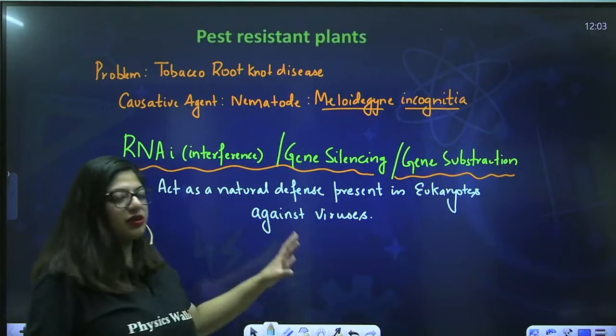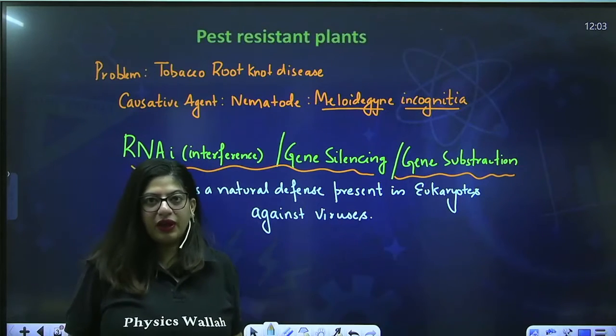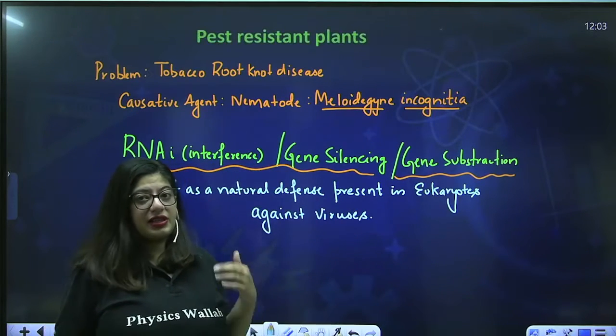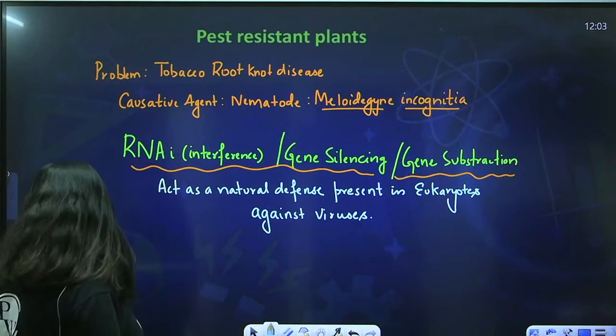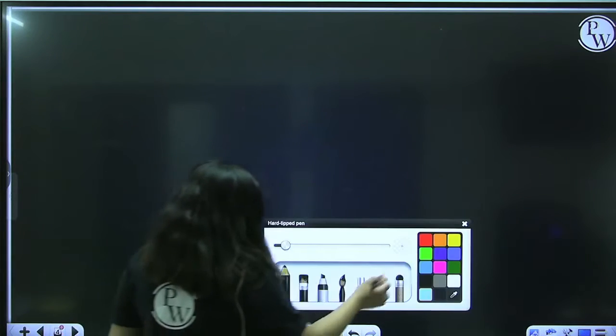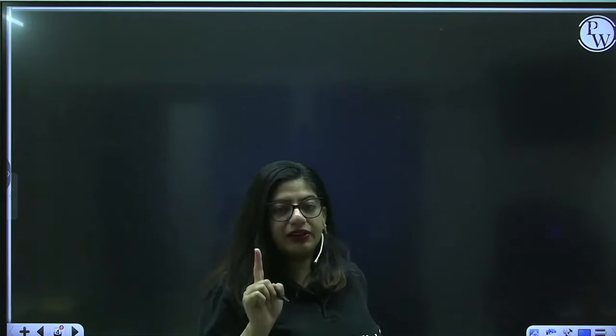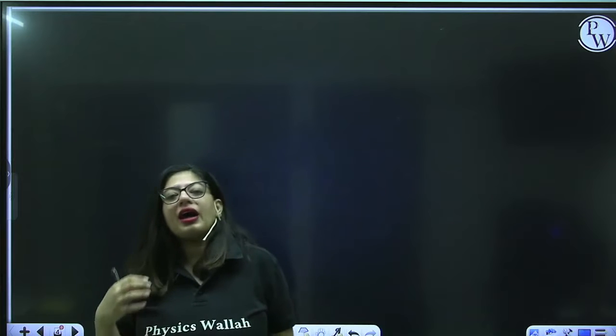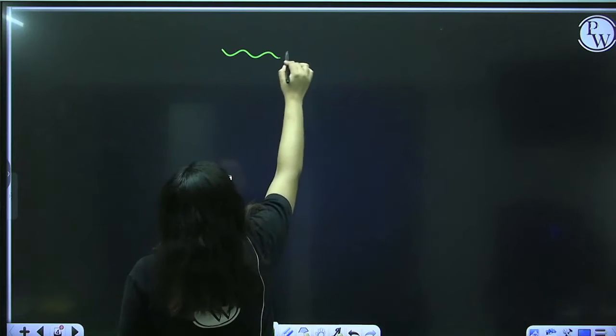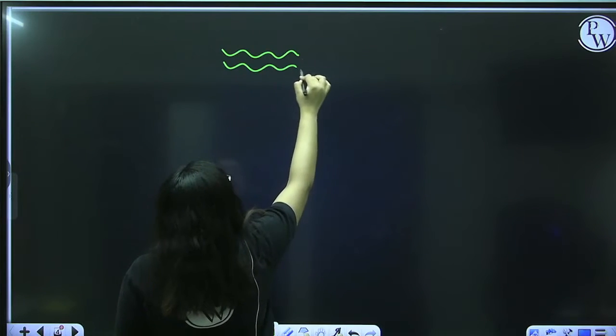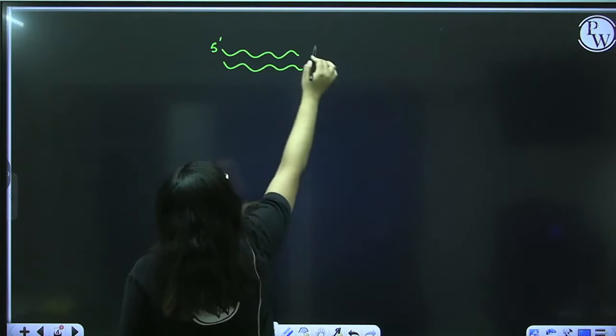Now how this technology works, first of all we'll talk about what is present in our cells, that is a gift to us. For us, in our body, the DNA is always double stranded, but RNA is single stranded. I think you all know that. So if somehow by mistake our RNA is double stranded, imagine this is RNA.